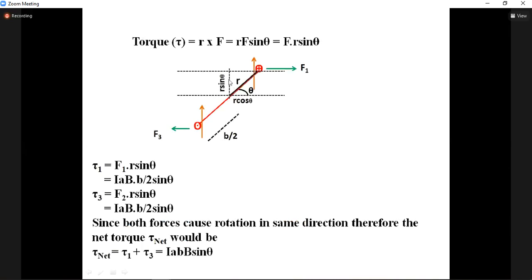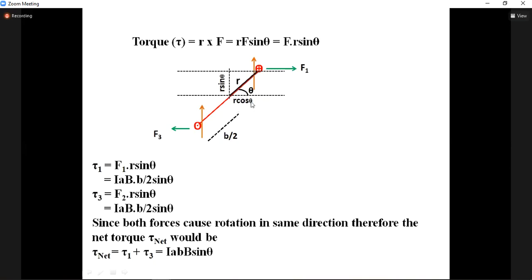Now come to this point. Again, for that segment of the wire, we have this R here. We know that the moment arm is always perpendicular to the line of action of the force, and it is also perpendicular to the axis of rotation. So in this case, this R has two components. It is making an angle theta, which I showed you earlier.